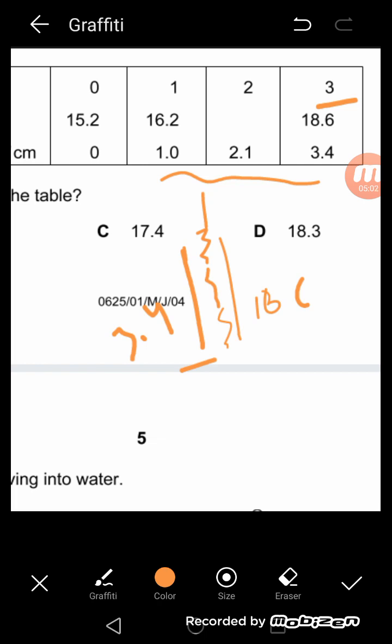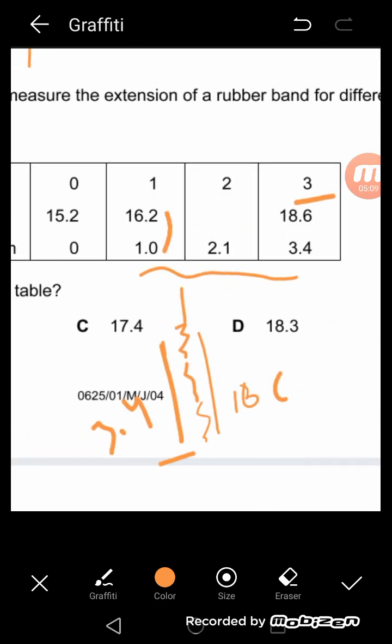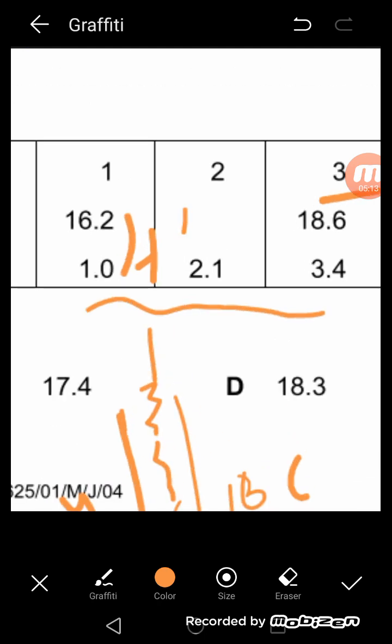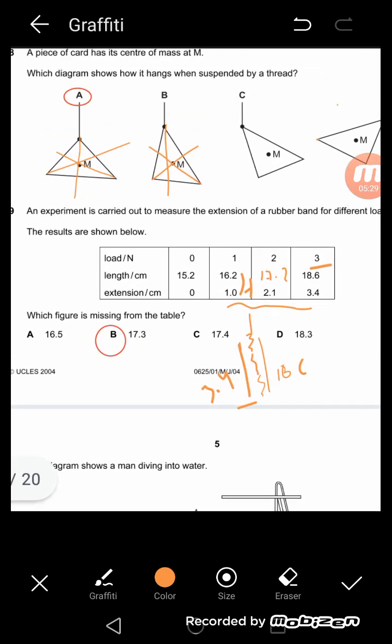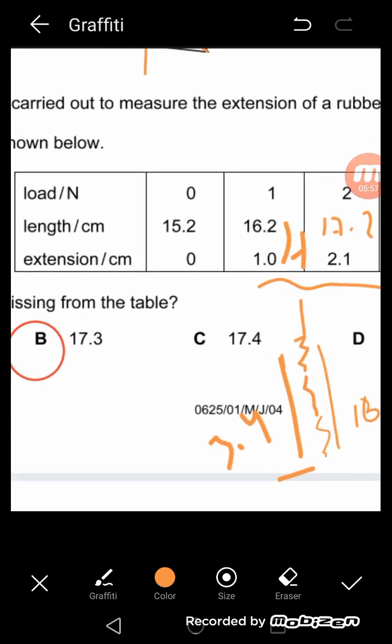So how will you do this question? 16.2 plus 1, so you will get 17 point something. No, here I made a mistake.